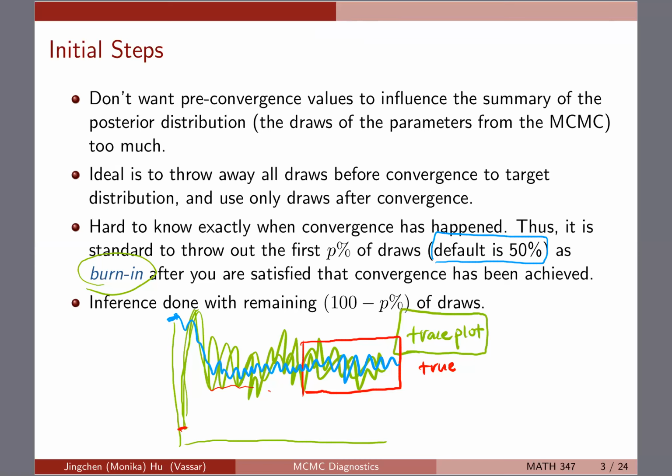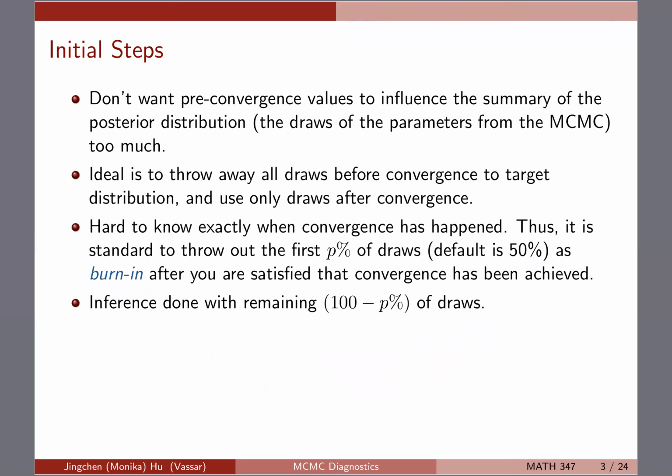So this is the general idea. I was drawing it, so you might not believe that is going to happen in practice, but trust me, in some situations you might see that, and this is the biggest reason why we want to do burn-in in the first place. Okay, all right, cool. So this is burn-in, and that's the initial step.